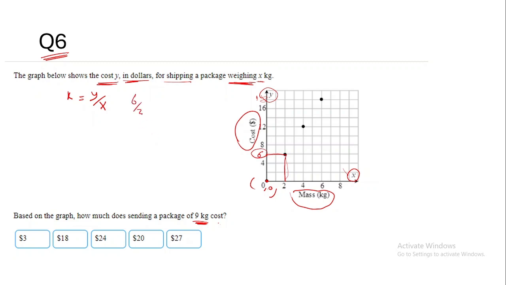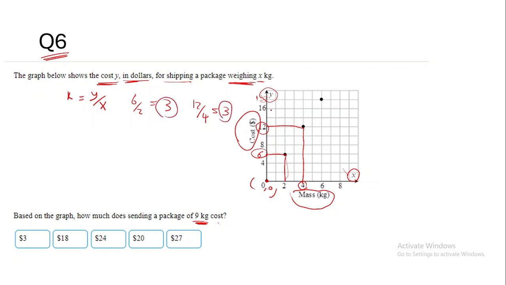So 6 by 2 for the first point will give me 3. Okay. Second point, 12 divided by 4. 12 is the y, and 4 is the x, so 12 divided by 4, 3 also.